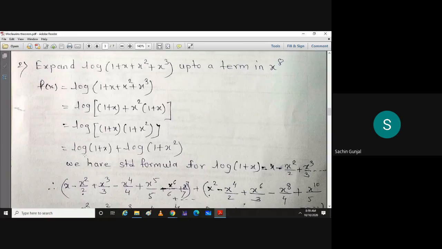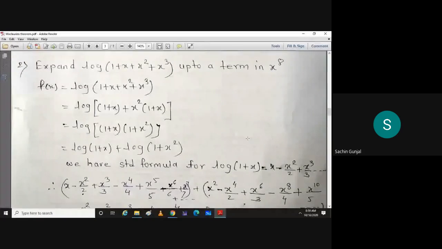Now, once you have log of (1 plus x) and log of (1 plus x square), you have the series expansion of log of (1 plus x), and that is x minus x square by 2 plus x cube by 3 and so on. And here also, you can write this x square as y. So log of (1 plus y) is y minus y square by 2 plus y cube by 3 and so on. Okay.